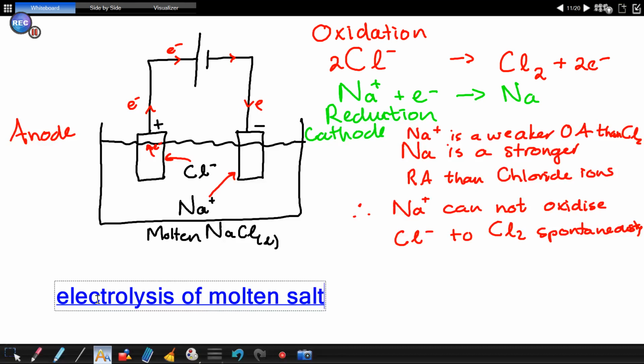What's molten? Melted. What's melting? You turn the solid into a liquid. You heat it up until it's melted. Your ice melts in your fruit juice. Come on.